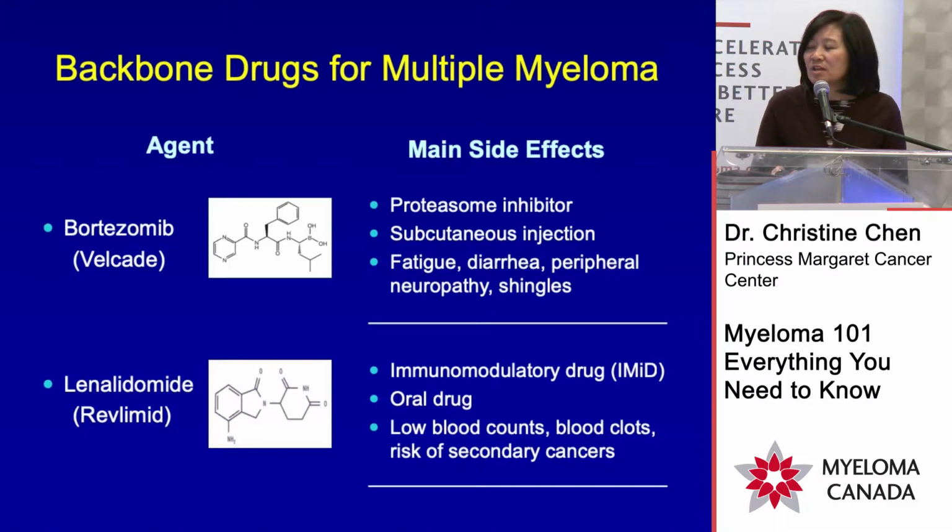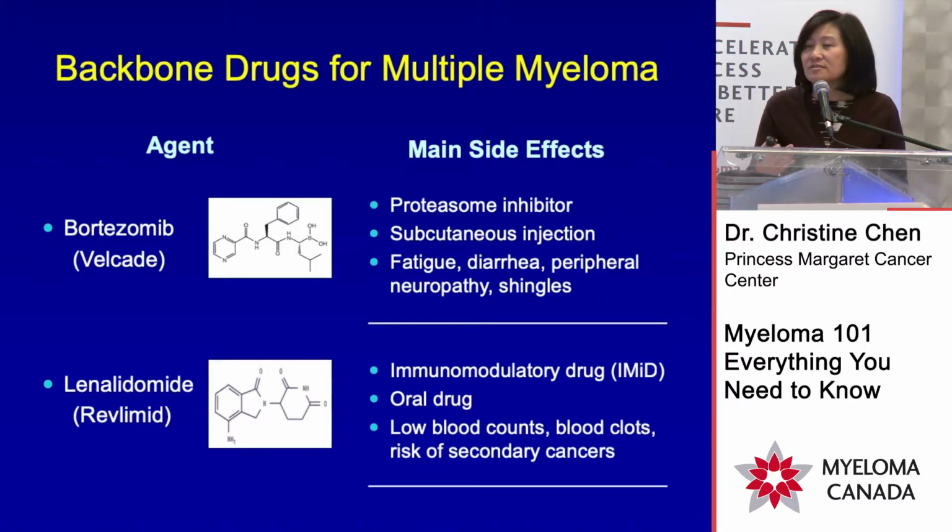Bortezomib also makes you prone to getting shingles, a viral illness, so patients are usually on an antiviral therapy. Lenalidomide, or an IMiD, is a pill or a capsule, so it's easier in some respects to take. But it does drop your blood counts more, so it needs close monitoring.